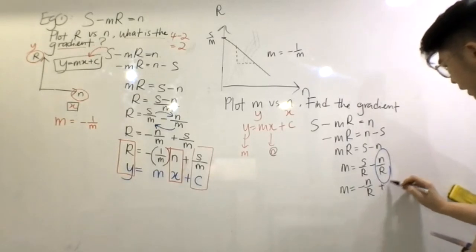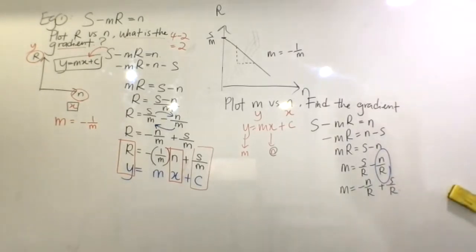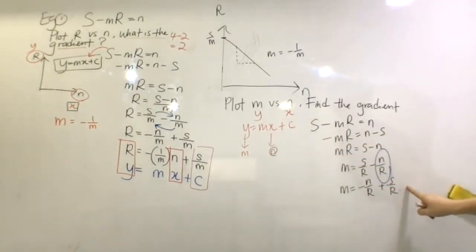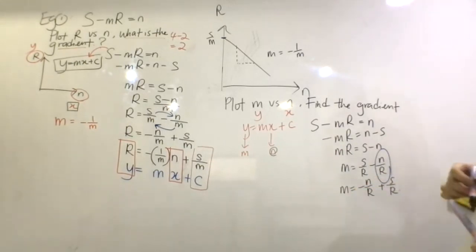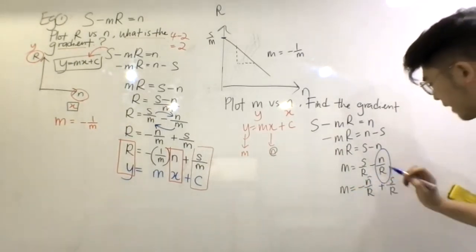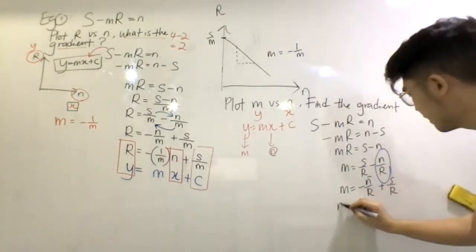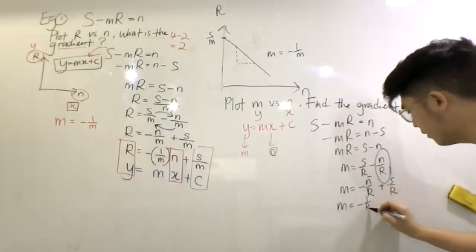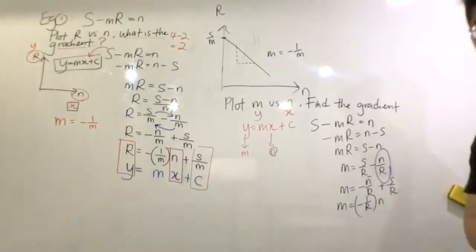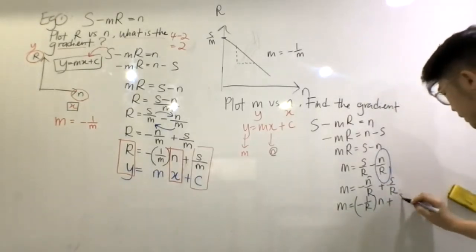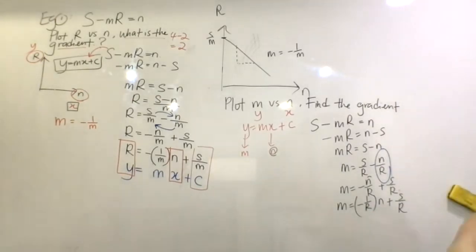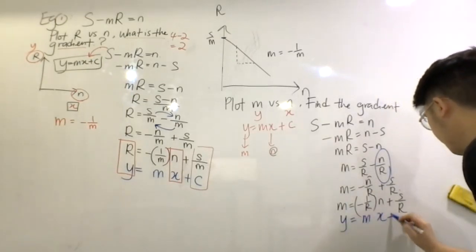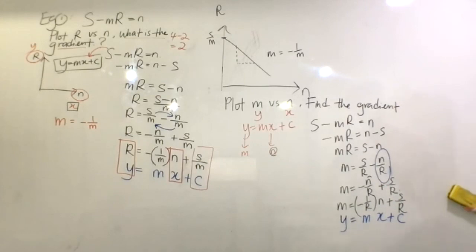搬过去了，然后我的 x，你要是 n，所以我的 n 在这边，这个整个 term 有我的 n，所以我要把这个移去前面，s over r 我把它搬去后面，所以这边是 m 等于减 n over r 加 s over r。c 是在后面的。我把它拆散，可以写成 m 等于减 1 over r 乘 n，加 s over r。y equals mx plus c.